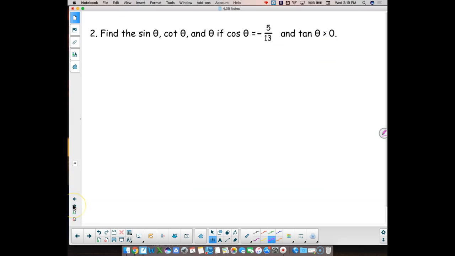What I'd like you to do now is try this one. Cosine is negative in 2 and 3.